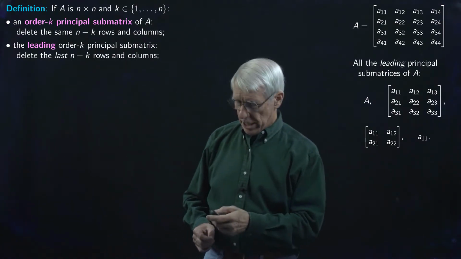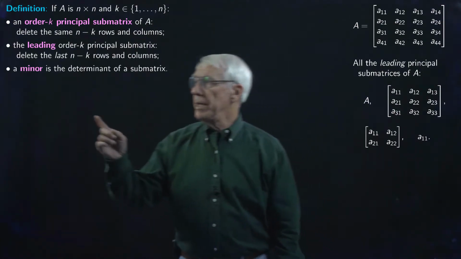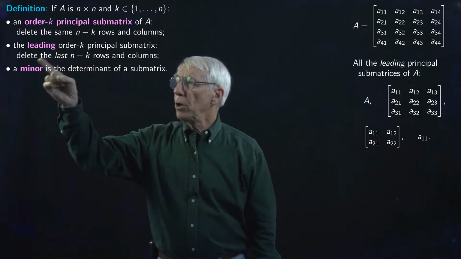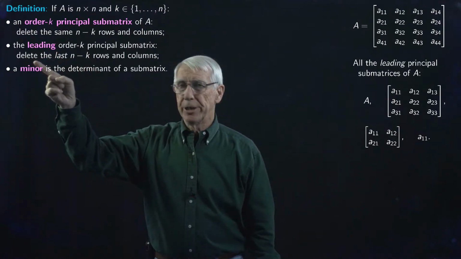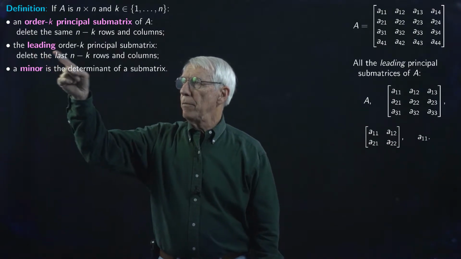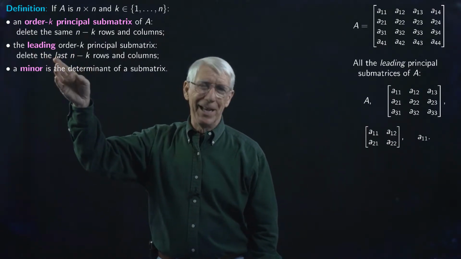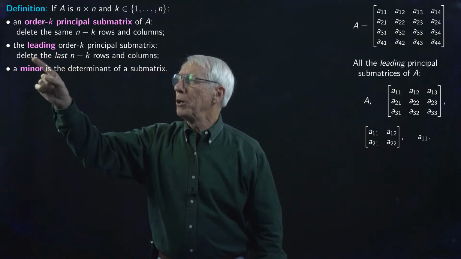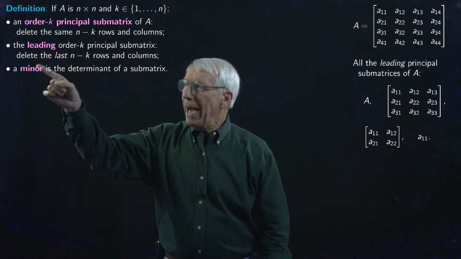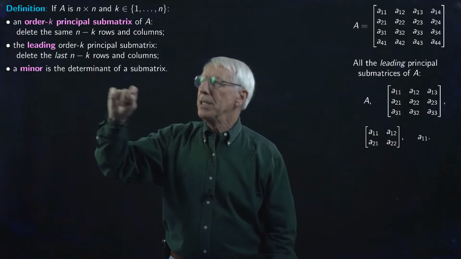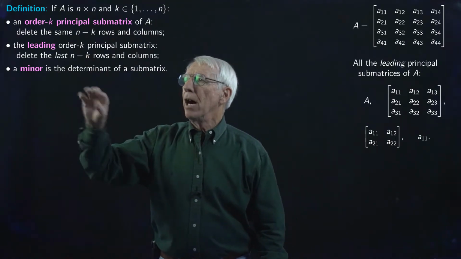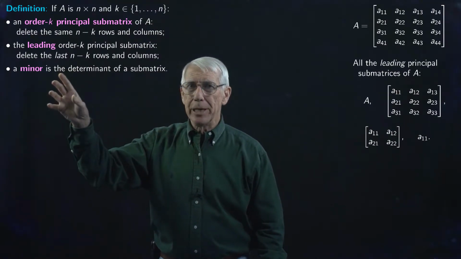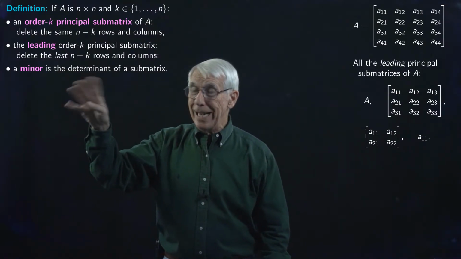Notice in our definition here, we also have the notion of a minor of a submatrix. A minor of a submatrix is its determinant, but of course determinants aren't defined for just any submatrix.